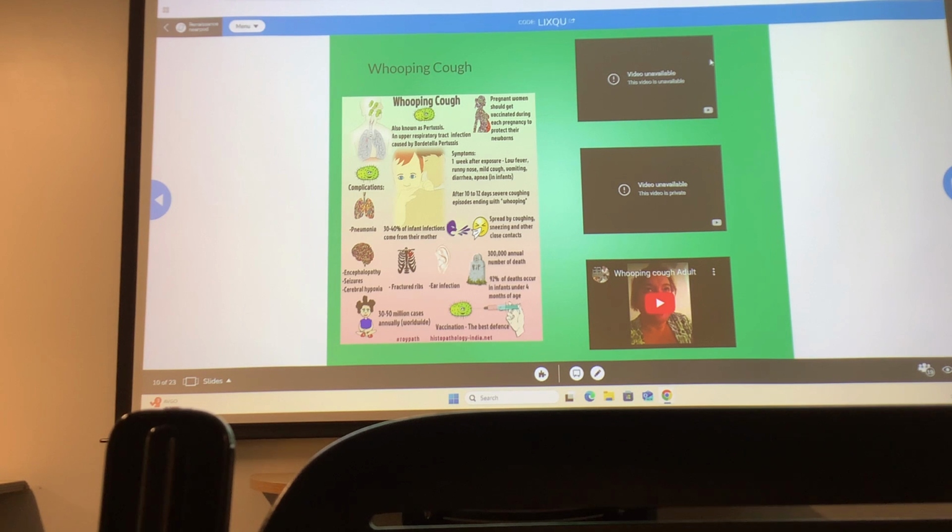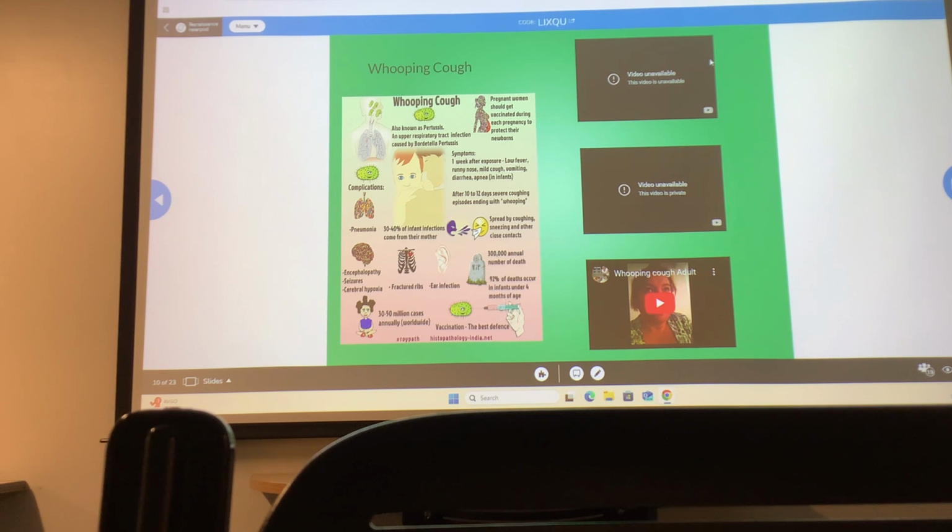The cough will linger without all of the other signs and symptoms. The other signs and symptoms will go away, but that cough will linger, okay? It's so bad because they just cough, and while you're coughing, everything is coming out, right? They're not taking in oxygen or a breath of air, but they get to the point where they have coughed out so much there's nothing left to come out, so then they'll take in a whoop of air.